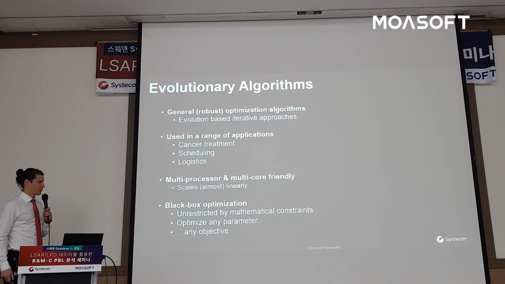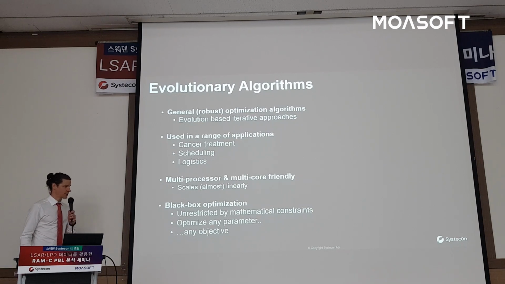And it is sort of a black box optimization. It means that it's unrestricted by any mathematical constraint, so we don't need an analytical formula for how we calculate this. We just can optimize any parameter with any objective functions.